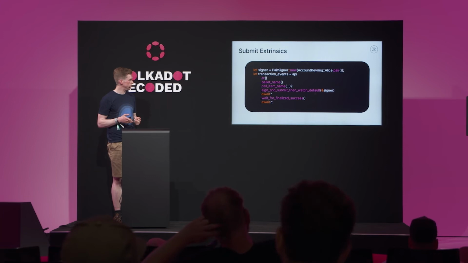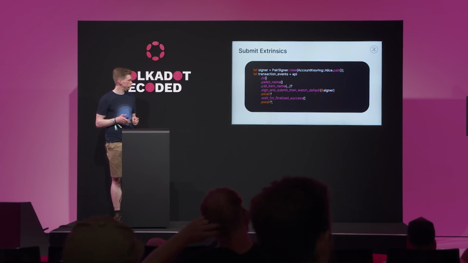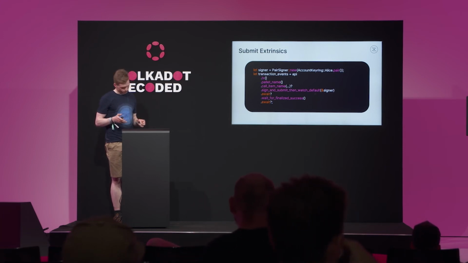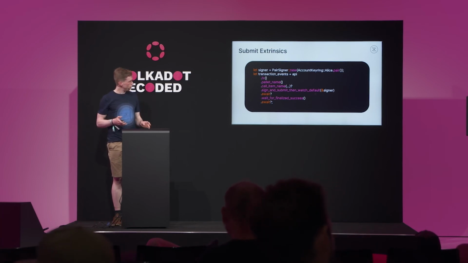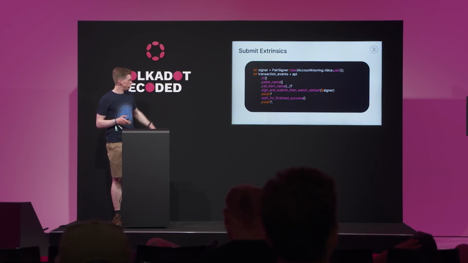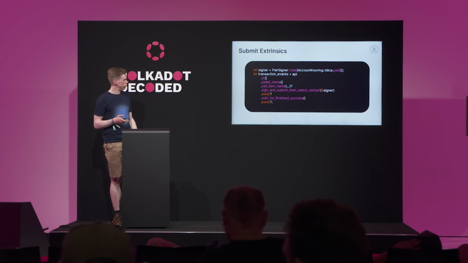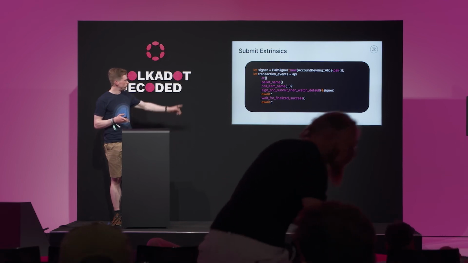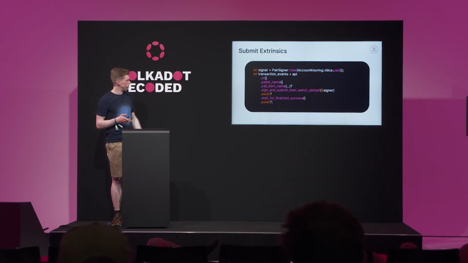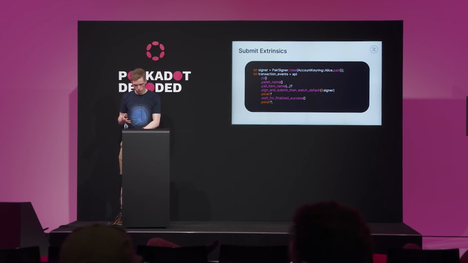And that's then used to encode and sign the transaction. We can see here we're waiting for finalized success, so this is waiting until the transaction is actually included in a finalized block, and the result of this is something called transaction events, and that will actually contain all the events output by that extrinsic, which is quite handy to filter over.